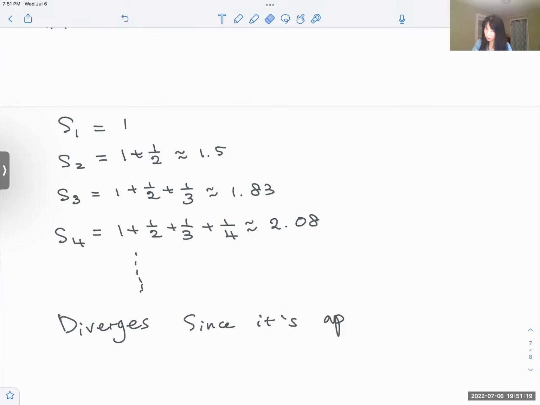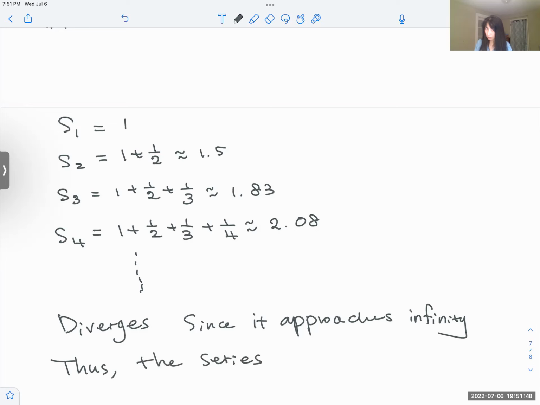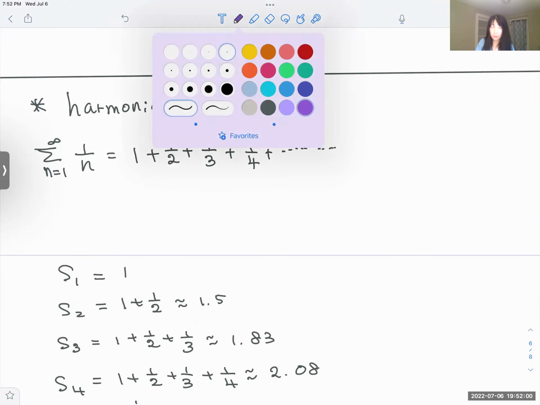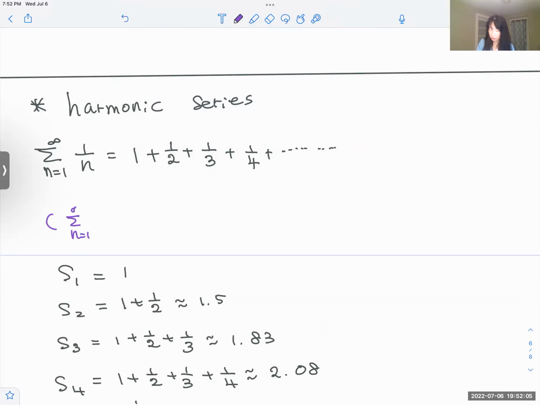Thus, the series diverges as well. For the harmonic series, the other version can have any number C on top.